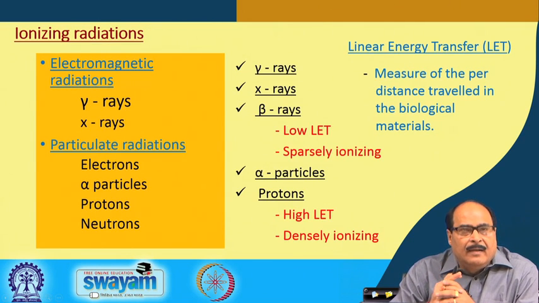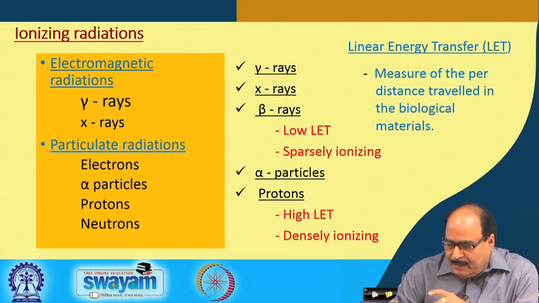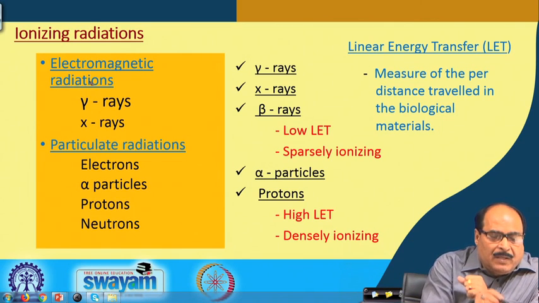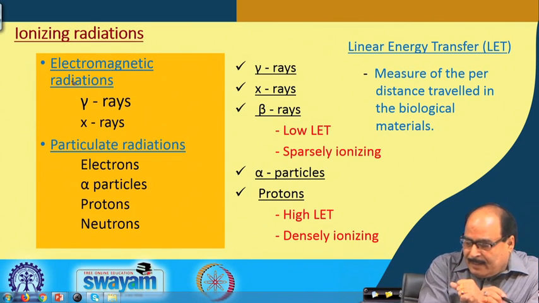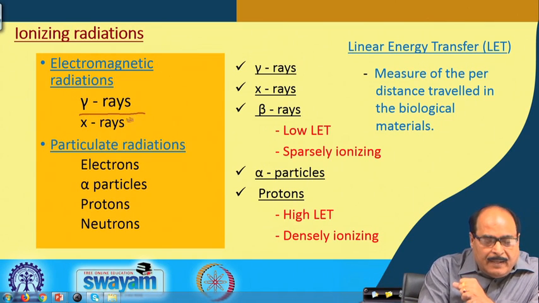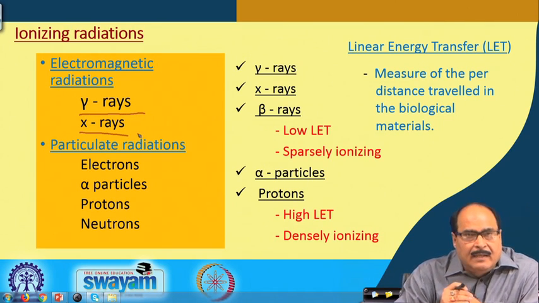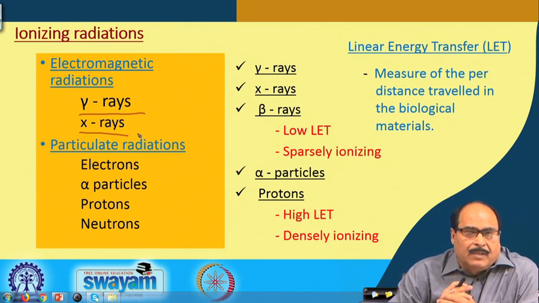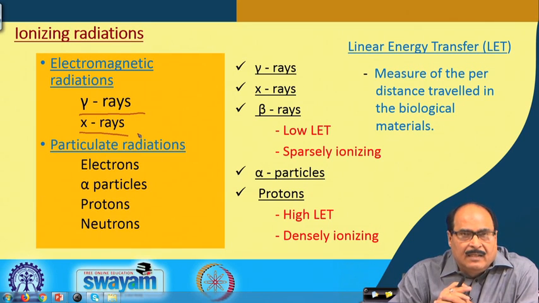There are several types of ionizing radiations. It may be electromagnetic radiation, that is gamma rays and X rays. Gamma rays are generally produced by decay of certain radioactive elements like cobalt 60, and they have a range of energies.